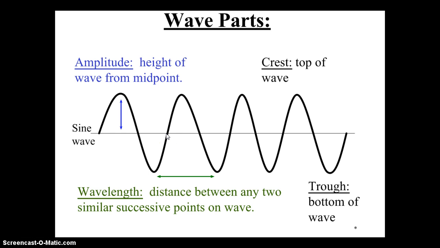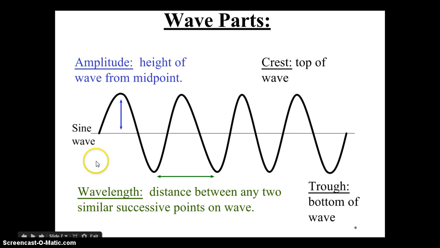You have the amplitude. Amplitude as in an amp energy drink, or the amp that you use for your guitar. That's going to tell how loud or how big the wave is, and that's from your equilibrium position, the center point, up to the crest, or the equilibrium position down to the trough is the amplitude.